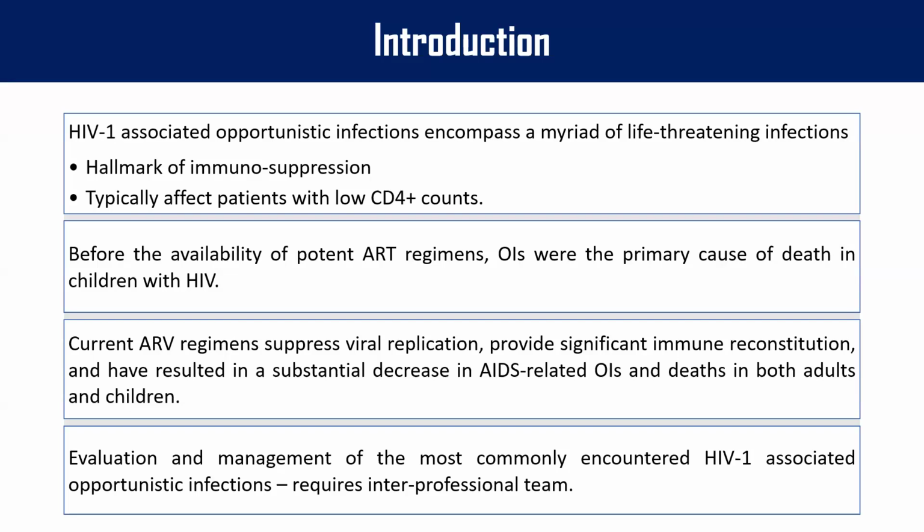As I already mentioned, before the availability of potent ART regimens, these OIs were the primary cause of death in children with HIV. However, the current ARV regimen, which can effectively suppress viral replication, provides significant immune reconstitution, resulting in a substantial decrease in HIV-related OIs and deaths, both in adults and children.